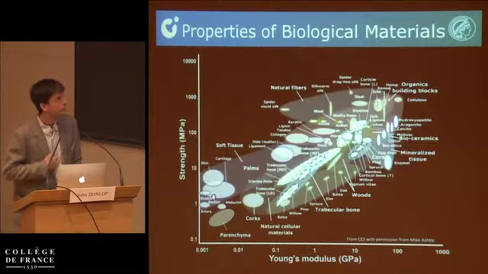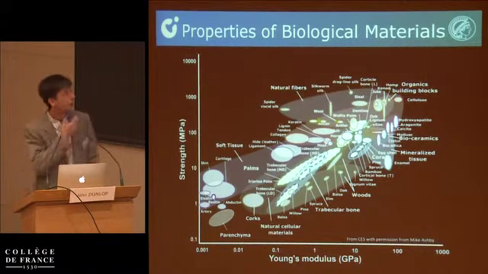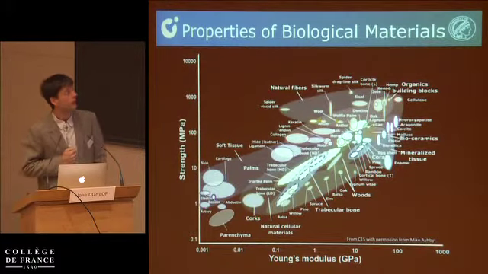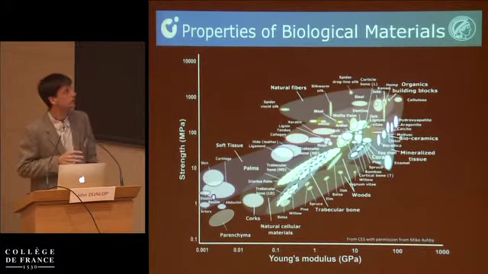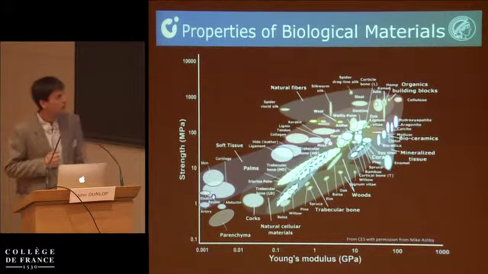So, of course, I can't resist showing a material property chart. This data comes from the CES database and shows a range of strength and Young's modulus data for a variety of different natural materials. And what do we get here?